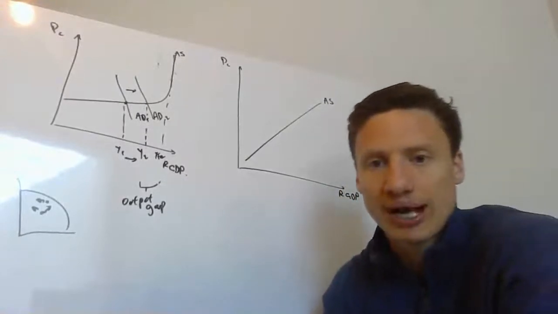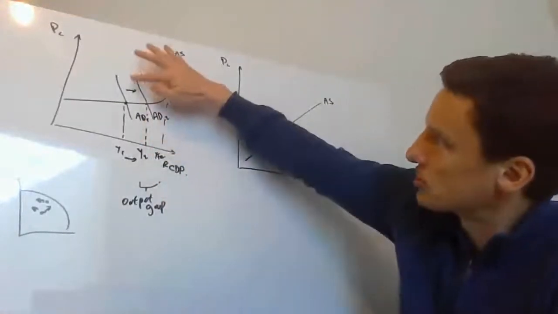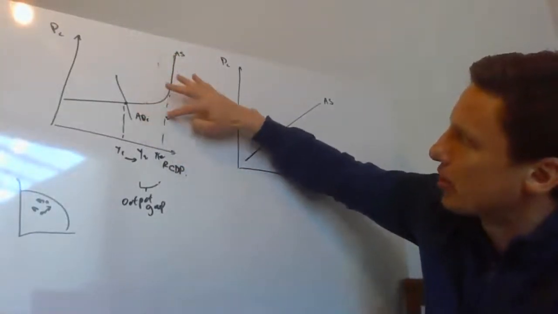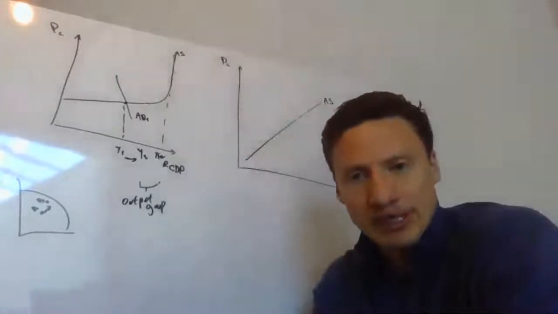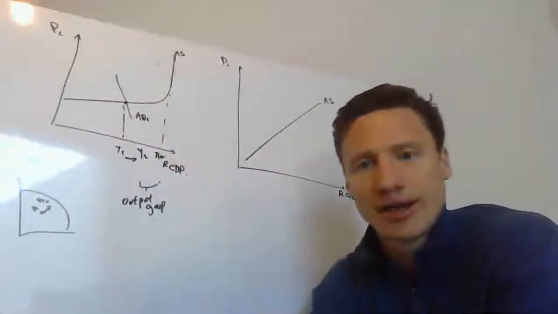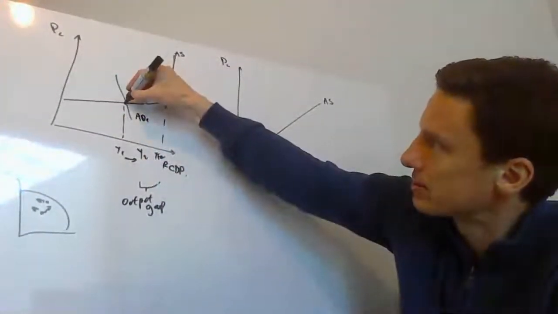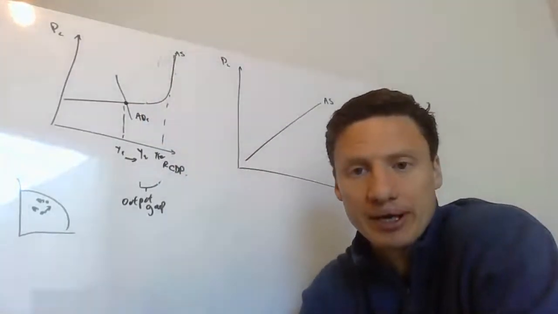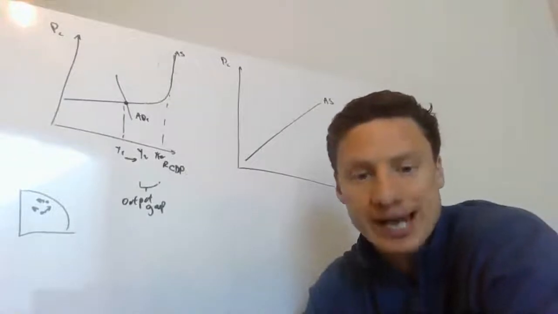So in the Keynesian world, you can have a negative output gap, and critically, you can have a negative output gap going into the long run, because unlike classical economists, as we'll see in a moment, Keynes believed that actually you could be stuck at this point for a long time. His famous quote, "In the long run, we're all dead."